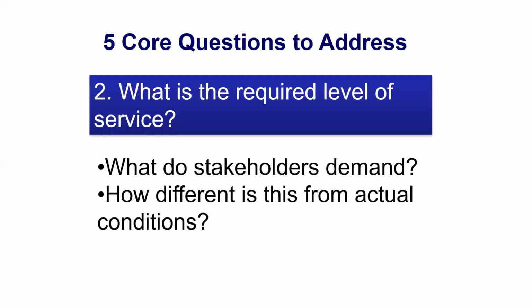On a scale of 1 to 10, do they expect the roads to be 7, 6? Does it vary based on the type of road? Is there a difference between primary and secondary roads? Or is there a difference between the paved road network and the gravel road network?